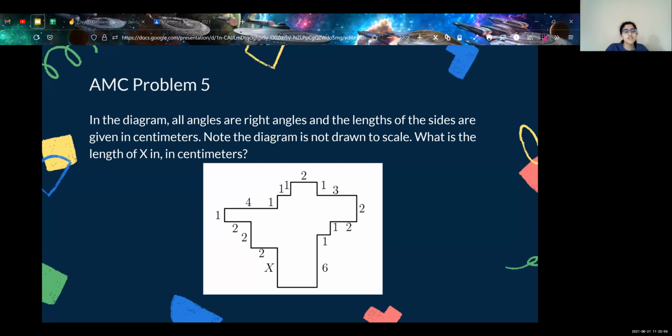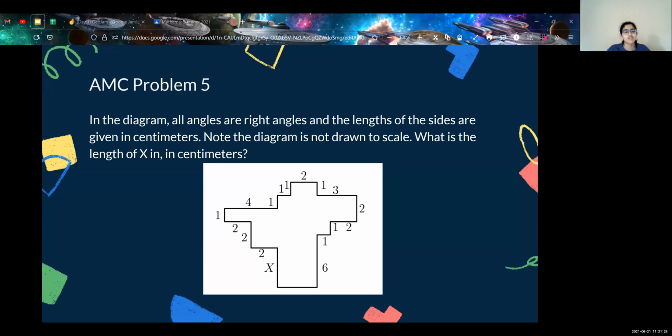If you're in the number theory class, you will know that we said that usually 99% of the time, the diagrams are drawn to scale. So make sure you keep that in mind.